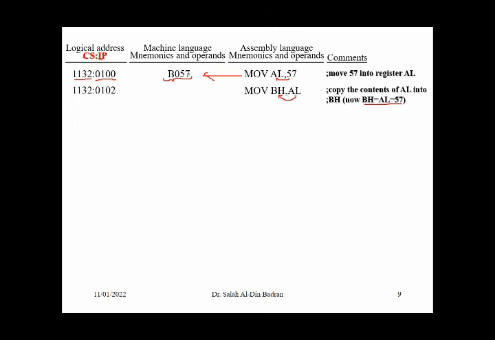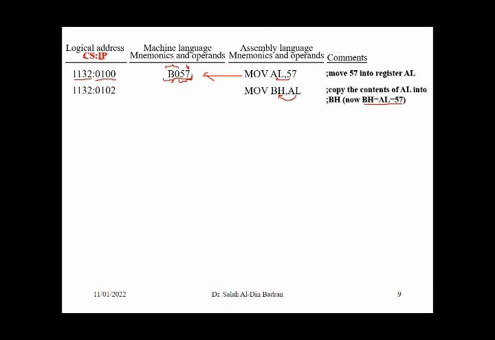See how many bytes this instruction is. This is 1 byte, this is 1 byte. Remember, each digit is of 4 bits. So 2 digits means 1 byte. And this is the second byte, we have 2 bytes.